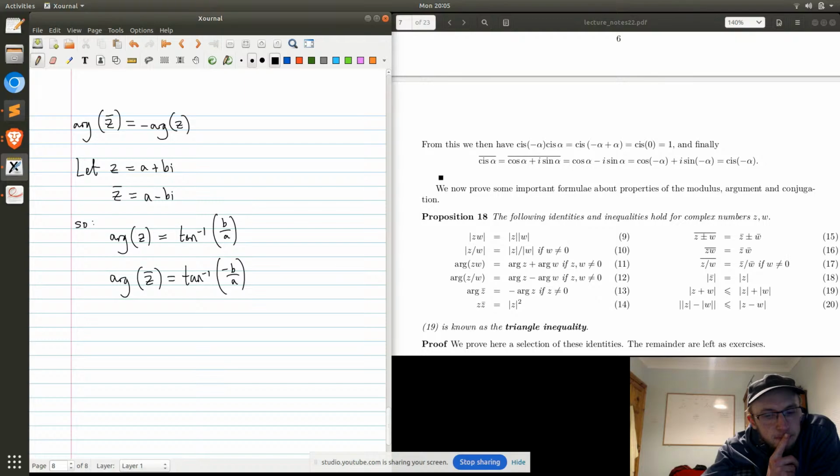And yeah, then this is just dependent upon knowing this property about the arctangent function, right? As long as z's not equal to 0.